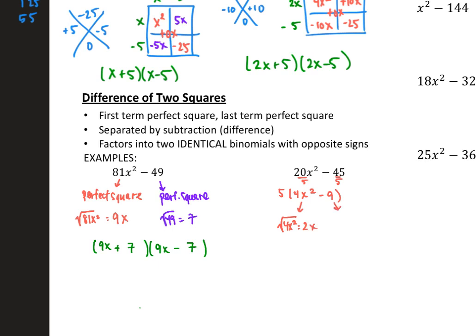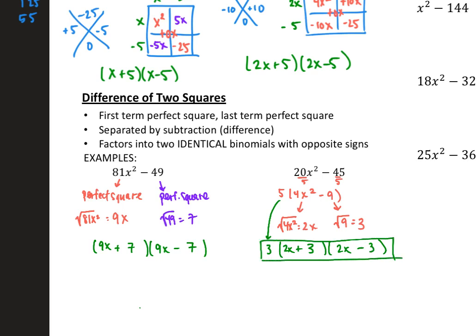Same thing with 9, that's a perfect square. The square root of that is 3. So my solution, remember to bring the GCF out in front, two identical binomials with opposite signs, 2x plus 3 and 2x minus 3. Oops, I just realized I accidentally wrote 3 out here, but this should actually be 5.